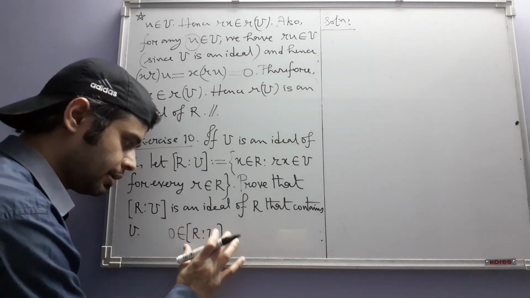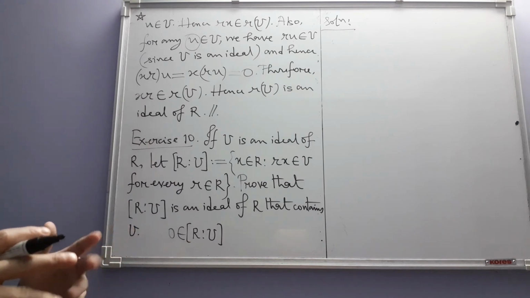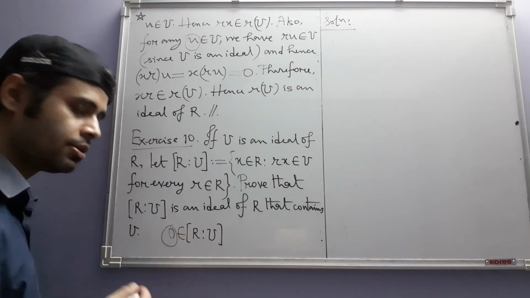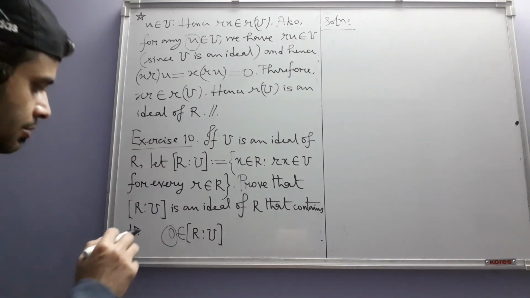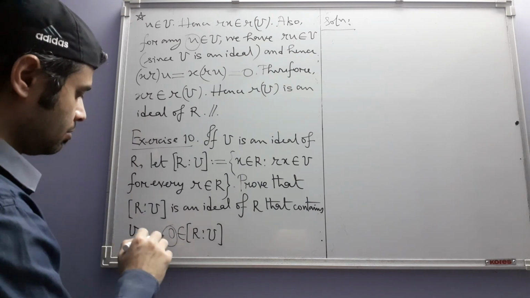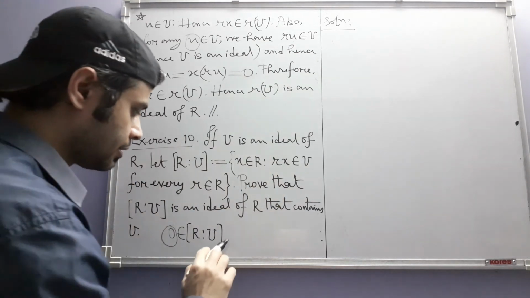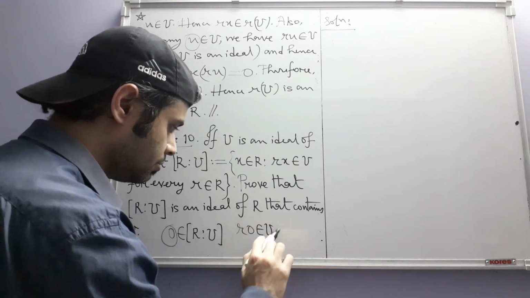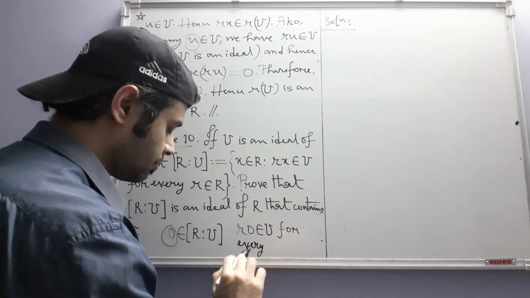To show that a given subset is an ideal, it has to be shown that it's a subgroup, and a subgroup always contains the 0 element, so you try to show this. Now see if we can put 0 in place of x here. Is r0 in U for every r?